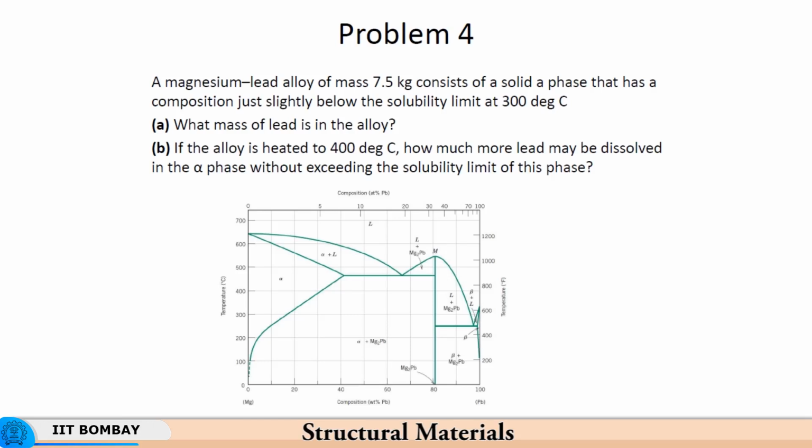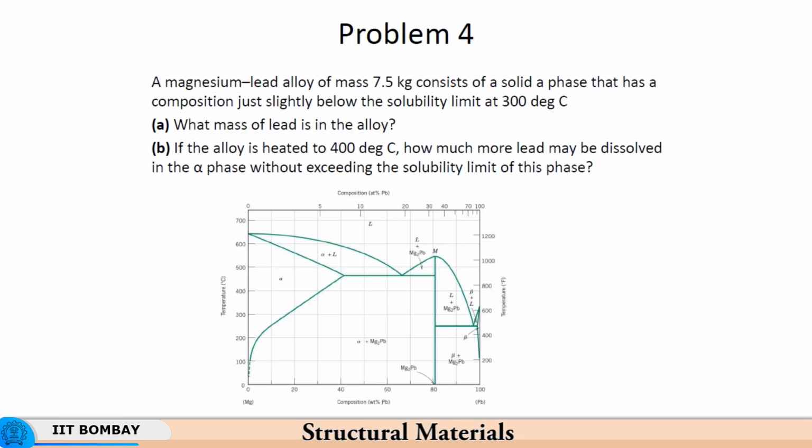One eutectic point leads to alpha plus Mg2Pb, and the other eutectic point leads to beta plus Mg2Pb. So here it is alpha plus Mg2Pb. For example, if you are at 70% lead, you would get alpha plus Mg2Pb, because this liquid plus Mg2Pb will transform to this mixture.